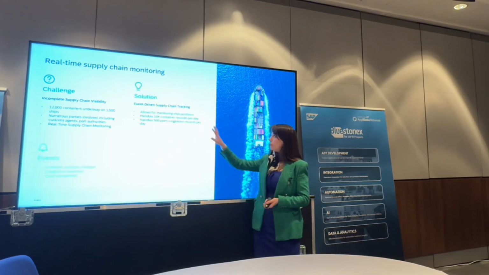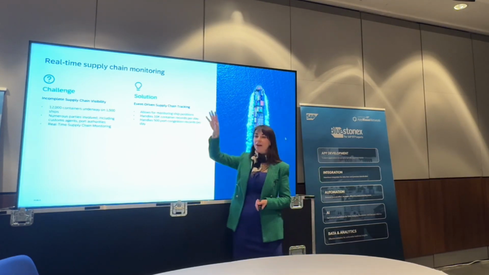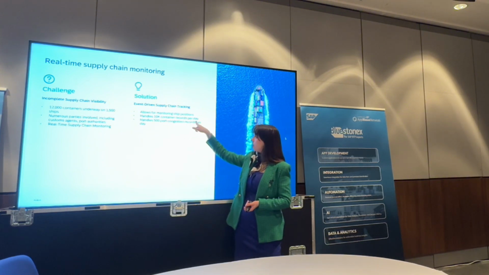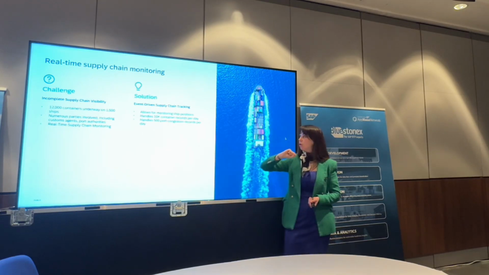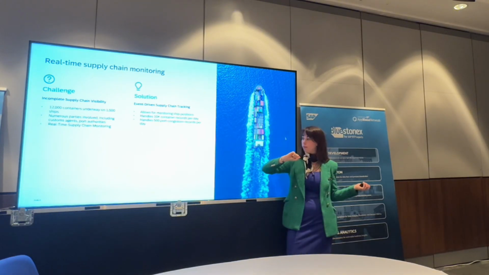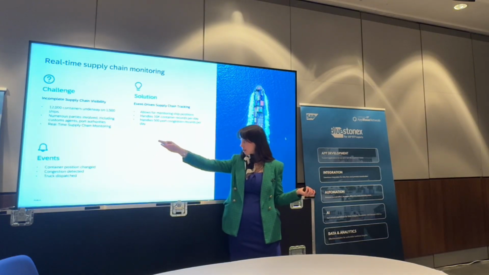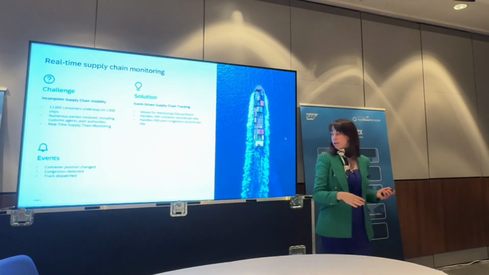The solution was to implement the event-driven architecture to allow for monitoring every ship position, handling 10,000 container records per day, and over 500 different port congestion records per day. They use eventing for when the container position is changed, congestion detected, or when they moved on to the different trucks.